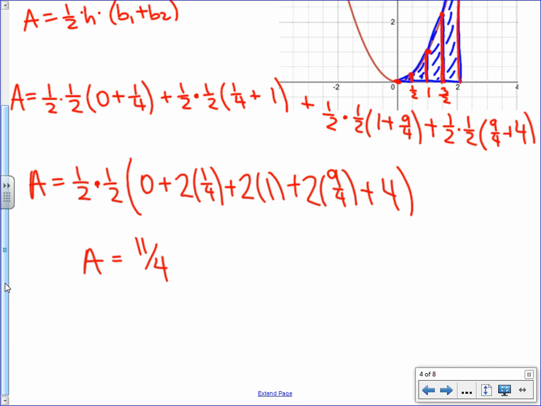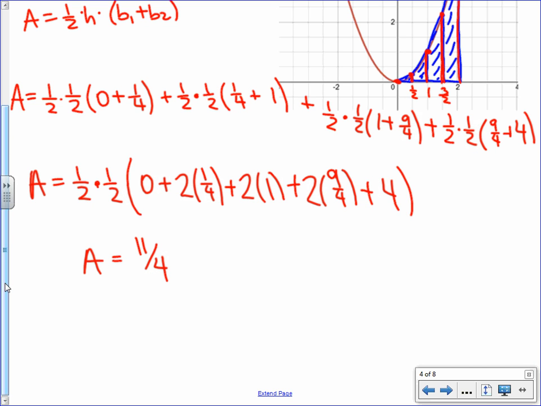If we have 6 trapezoids, we'd have 7 bases. We add 0 plus 1/2 plus 2 plus 9/2 plus 4, which ends up being 11.